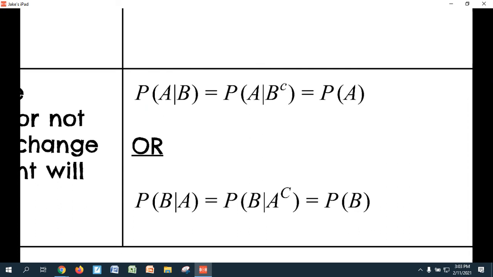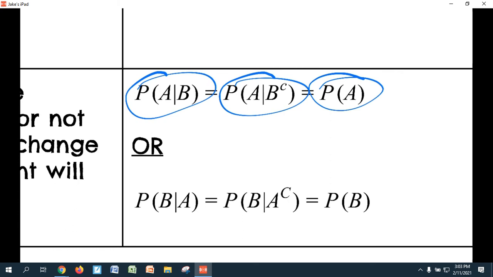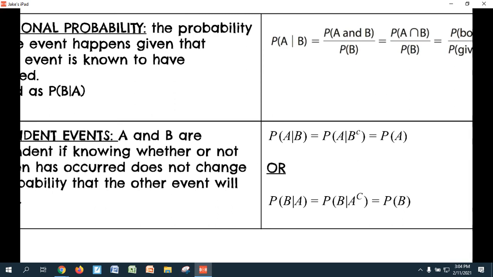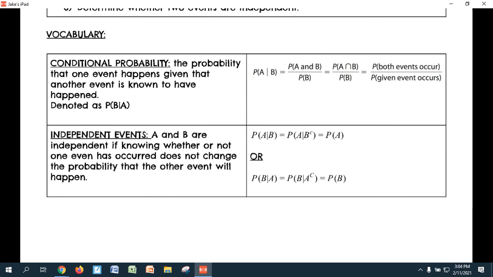That's what these formulas are telling us. To calculate it, you just do this process here. If all three of those are equal to each other, the events are independent. That means knowing the outcome of one event doesn't affect the outcome of the other event.